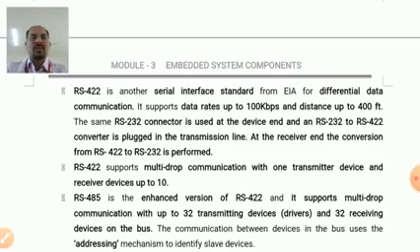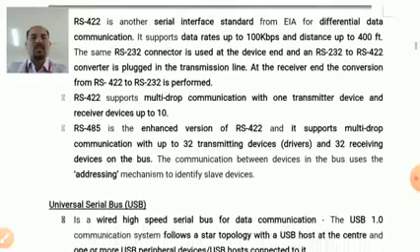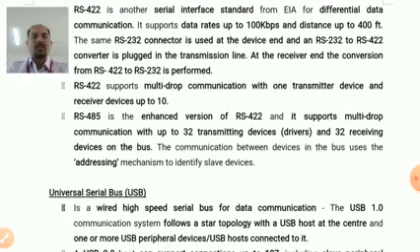This RS-422 supports multi-drop communication with one transmitter and receiver devices up to 10, whereas RS-485 is the enhanced version of RS-422, which also supports multi-drop communication but with up to 32 transmitting devices and 32 receiving devices on the bus.